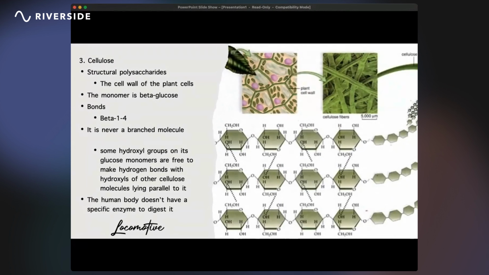Cellulose is never branched, and some hydroxyl groups on its glucose monomers are free to make hydrogen bonds with hydroxyl groups of other glucose molecules, as you can see here. So it's never branched, but it's possible to see hydrogen bonds between the layers. And the human body doesn't have a specific enzyme to digest it.